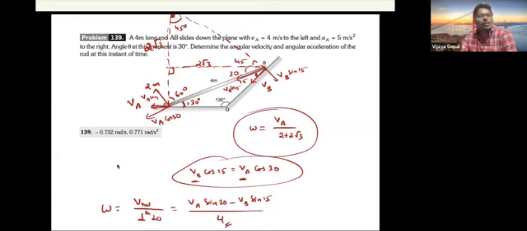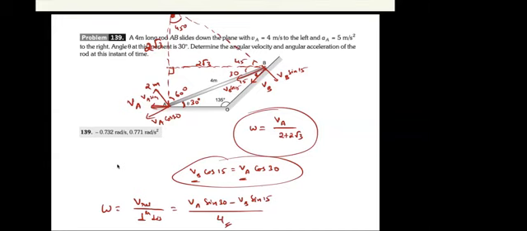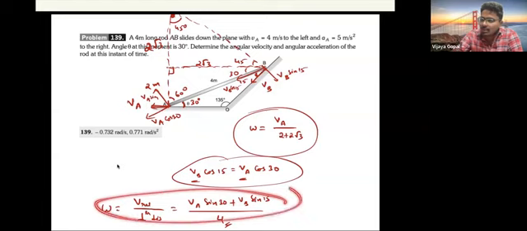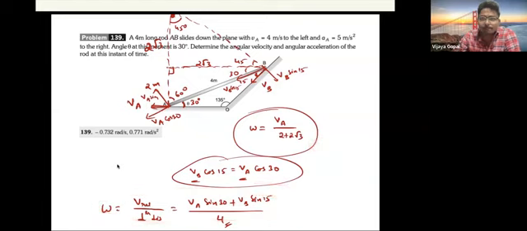Sir, VA sin 30 plus VB sin 15. My bad, yes, plus. Why? Because relative velocity you need to get. This one is upward and this is downward, both in opposite directions, so it will be added. So you need to keep plus, divided by 4. When you solve it, you will get the same answer as we got here.